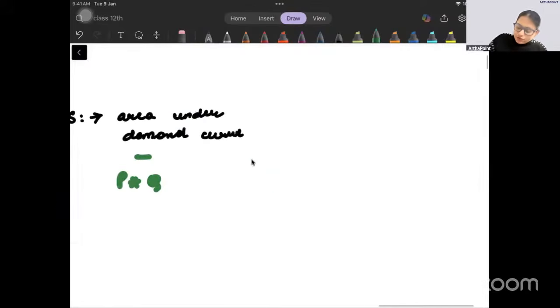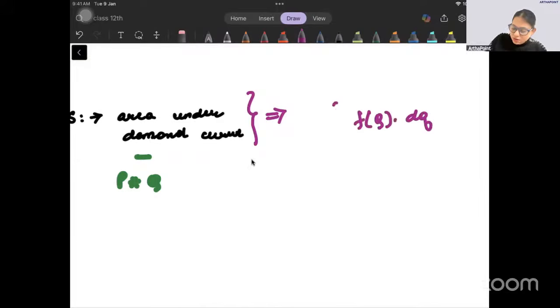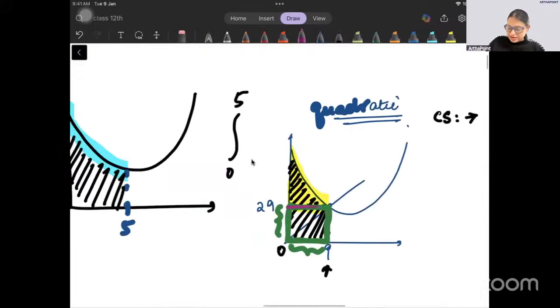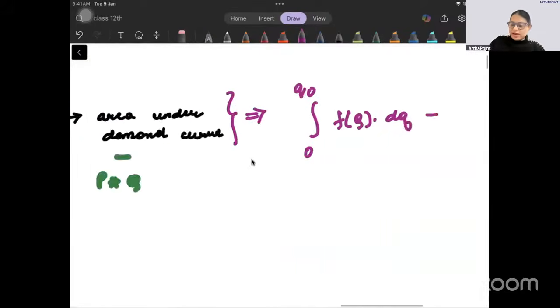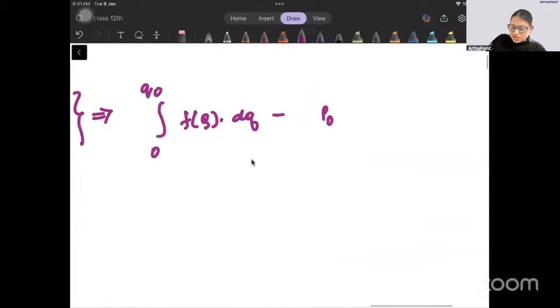So if I have to find the area under the demand curve, what is that? Integrate that curve. I have to integrate the demand curve from 0 to that quantity, and subtract this rectangle from it, that is, subtract price into quantity.